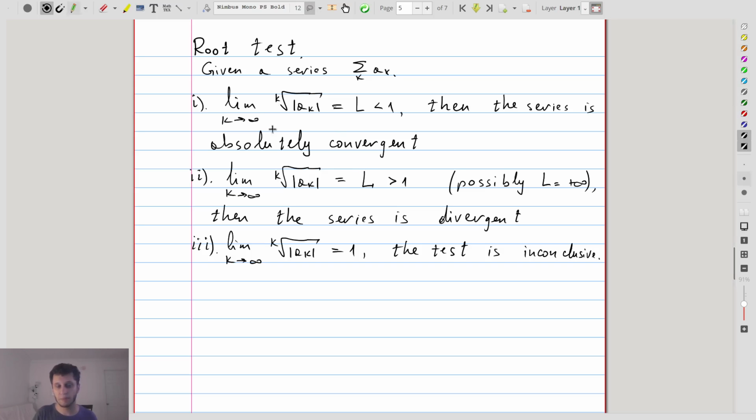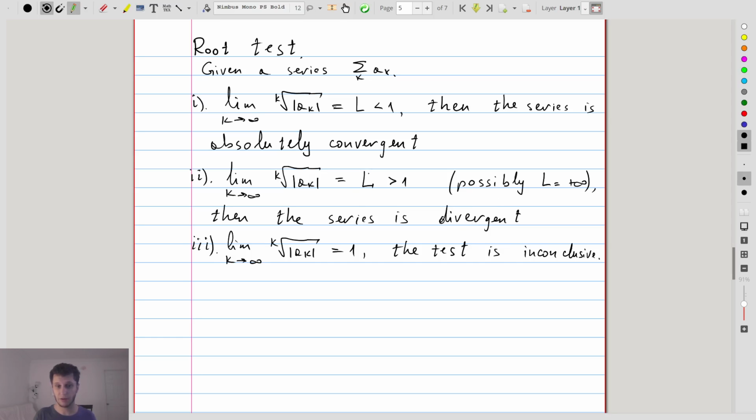And therefore, you just have to think about the limit as the analog of the common ratio, but the behavior of the series is determined in the same way by the value of this limit. So if the limit is less than 1, it's as if the common ratio were less than 1. And similarly, if the limit is strictly bigger than 1, then it's as if the geometric series that you're comparing to had the common ratio bigger than 1. And so this corresponds to the case of divergence.